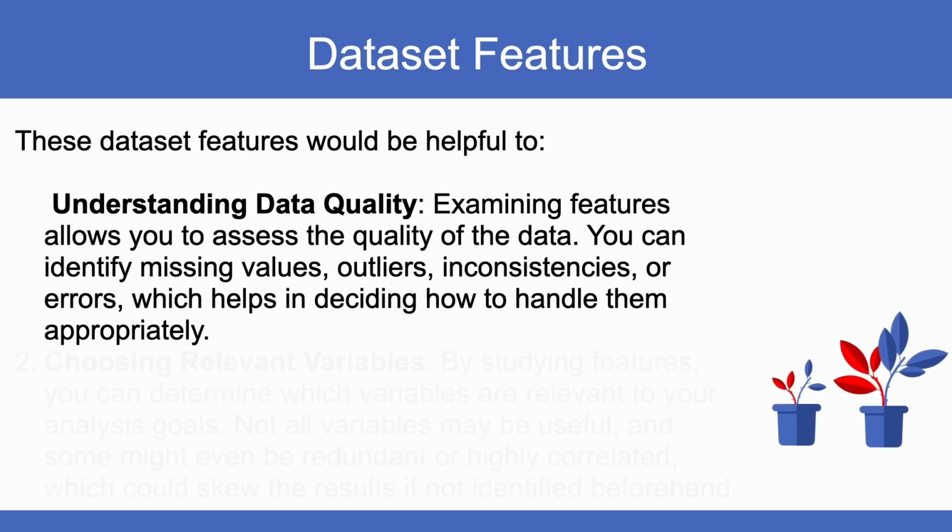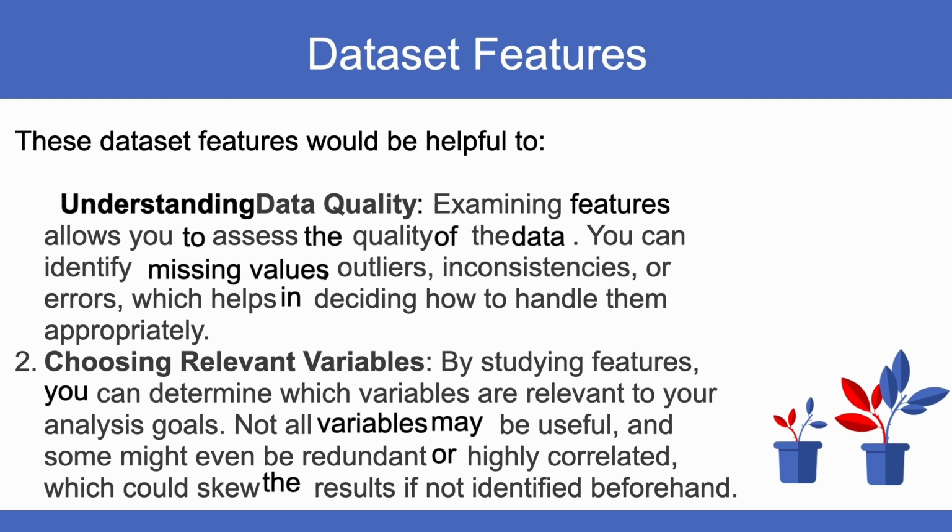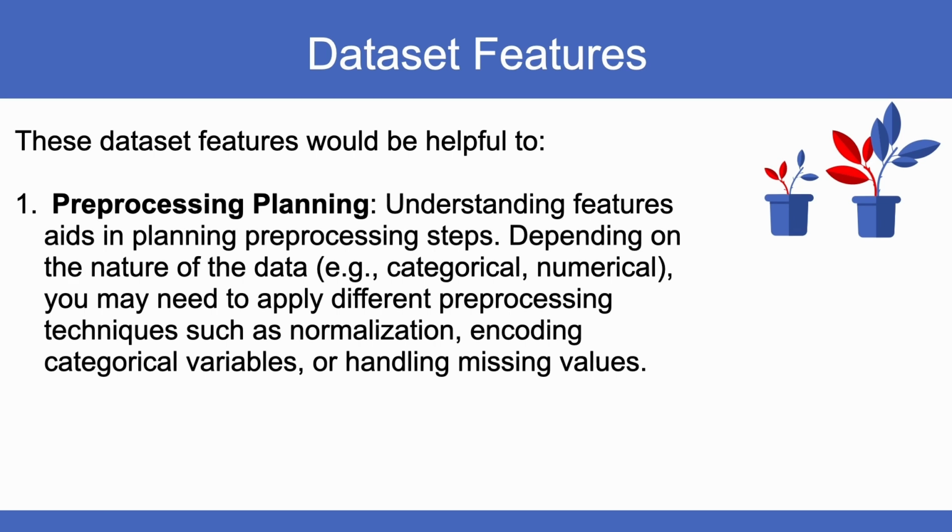Next, we have choosing relevant variables. By studying features, you can determine which variables are relevant to your analysis goals. Not all variables may be useful, and some might even be redundant or highly correlated, which could skew the results if not identified beforehand.